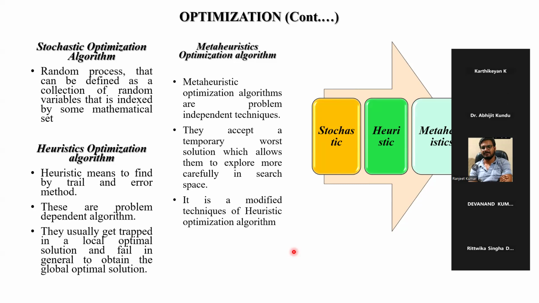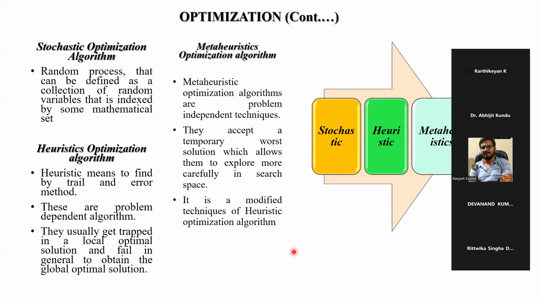In the case of the meta-heuristic optimization, this is problem independent. So we can easily take our optimization in the local search area as well as the global search area. These optimization techniques are used not only for power generating stations or power distribution, such as how many times to generate, how much power, what the megawatt amount is.